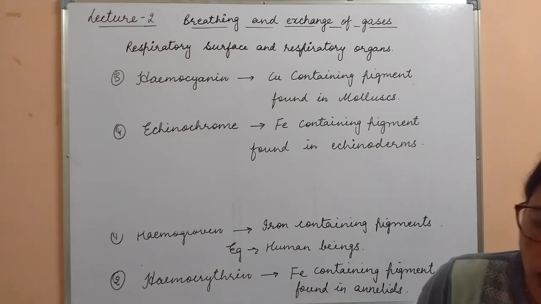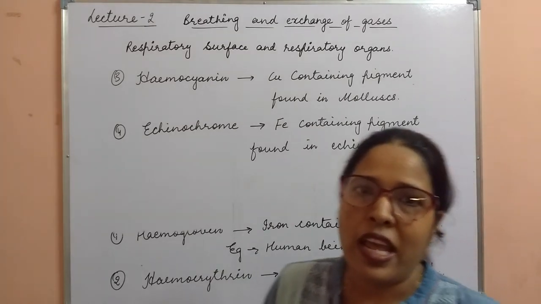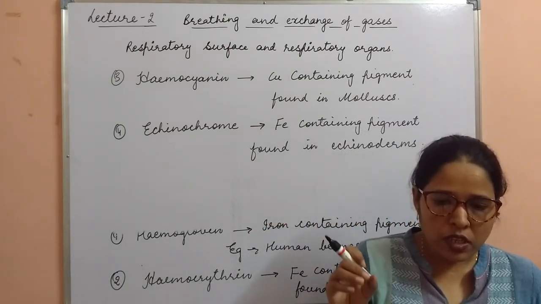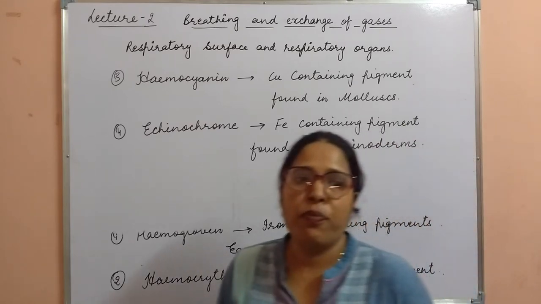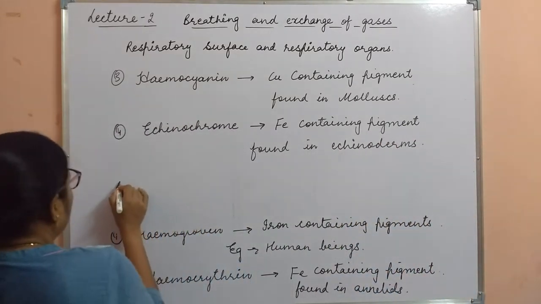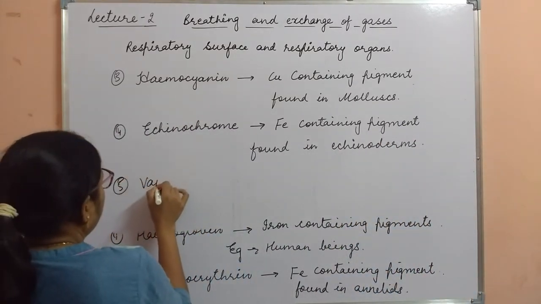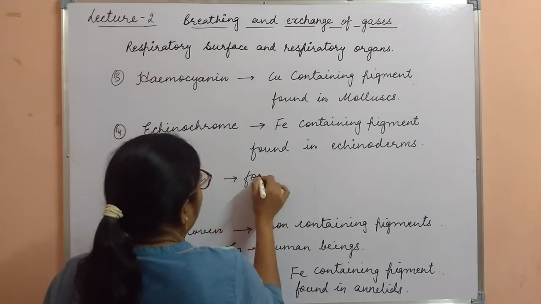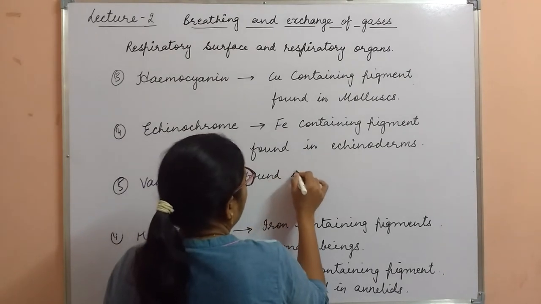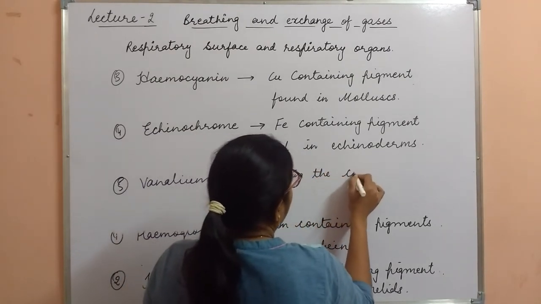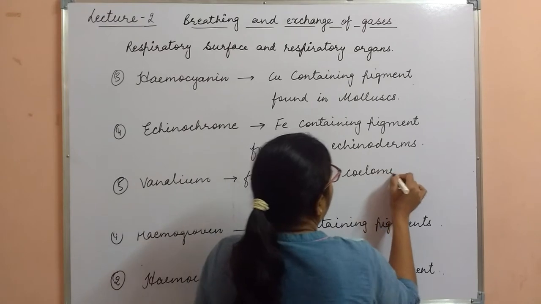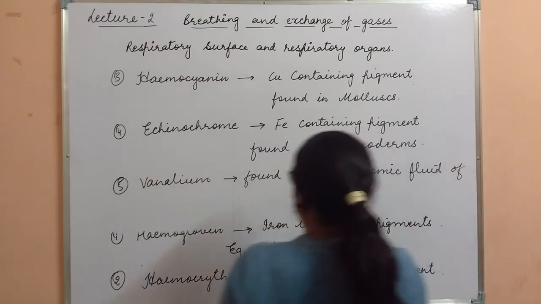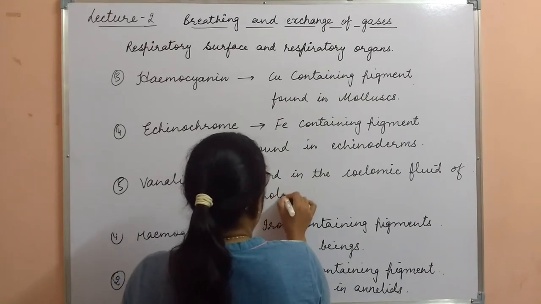The next important pigment is called vanadium. This vanadium pigment is mainly found in the coelomic fluid of protochordates.